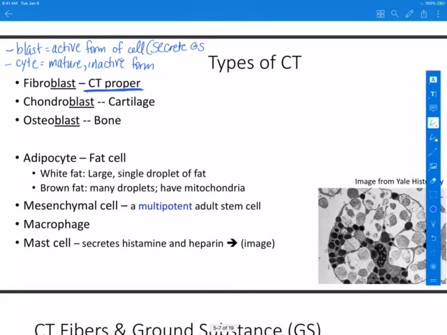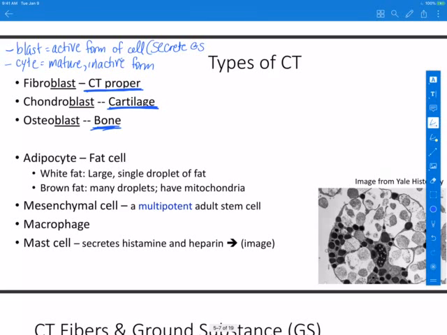Now, a chondroblast is the cell that secretes the ground substance in cartilage. And we also have chondrocytes. And then the osteoblast is the active form of the cell in bone that secretes the bone ground substance. And we also have osteocytes, the mature inactive bone cell.